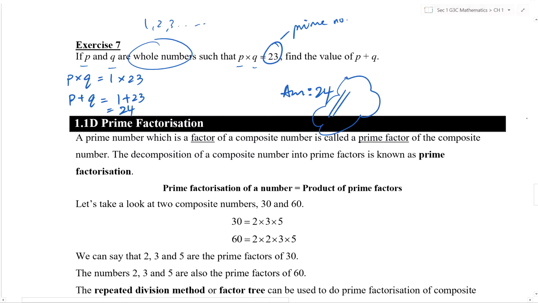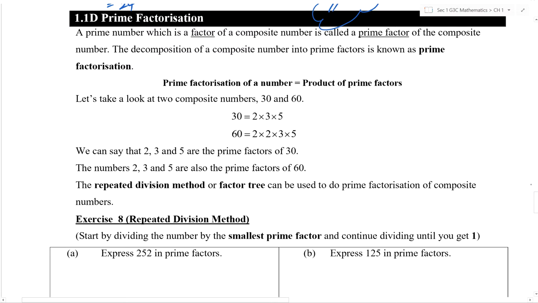Okay, next. We have prime factorization. Let's do a recap. In primary school, how did you find things such as highest common factor? I know you've learned it before, but how do you find highest common factor? For example, if I want the highest common factor of HCF of 52 and 48, how will you do this?